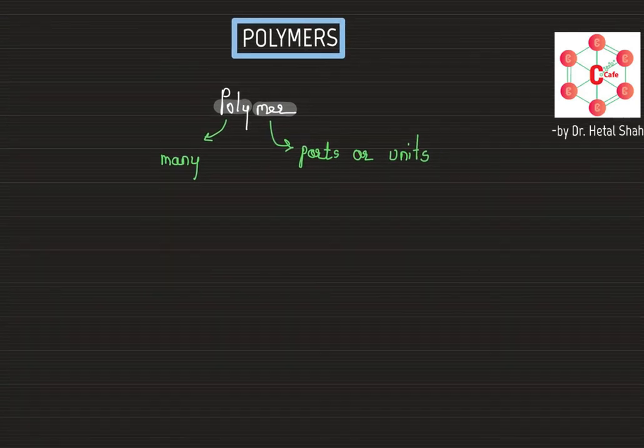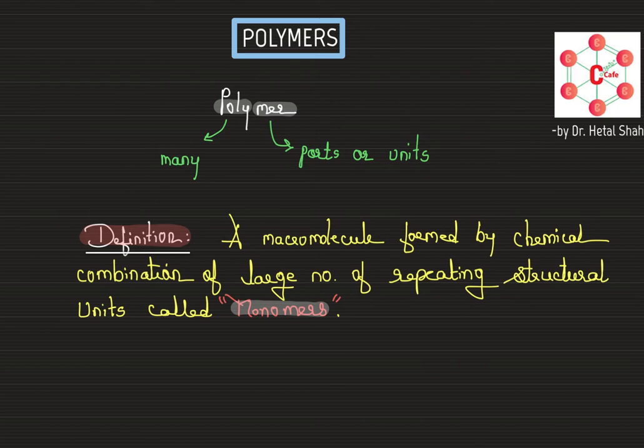So the basic definition goes like this. A macromolecule formed by chemical combination of a large number of repeating structural units, which are then called monomers.